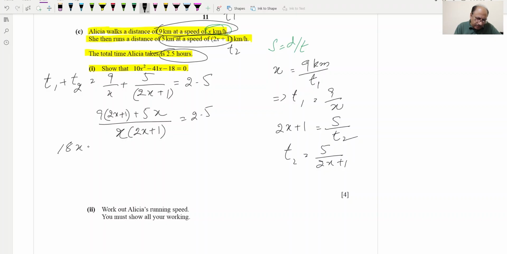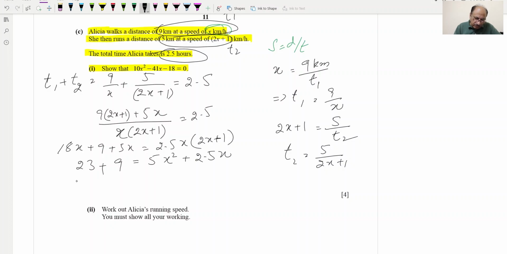So 18x plus 9 plus 5x is equal to 2.5x into 2x plus 1, and further we can write 18 plus 5 will be 23. So 23x plus 9 is equal to 2.5 into 2 will be 5x squared, plus 2.5 multiplied by 1 will be 2.5x.